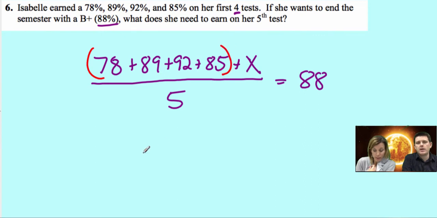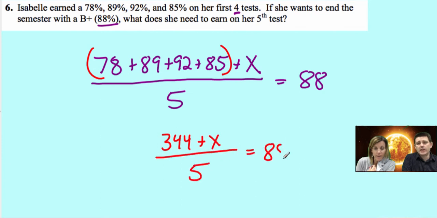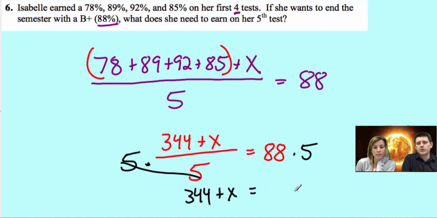Those numbers are 344 plus x, and when I divide it by 5 it gives me 88. This is where we start to work backwards like an equation. We're going to undo the division with multiplication, so we're going to multiply times 5. So I'm left with 344 plus x is equal to 440.